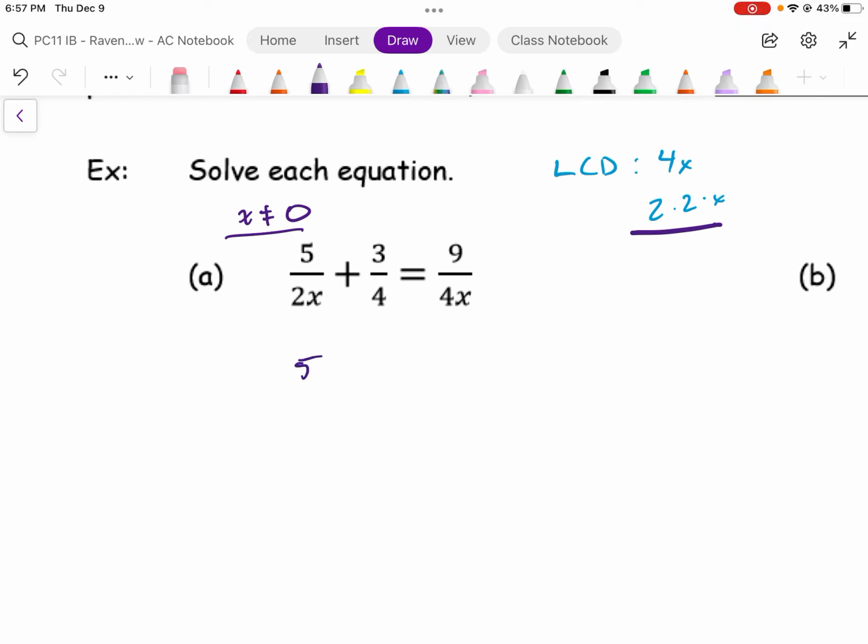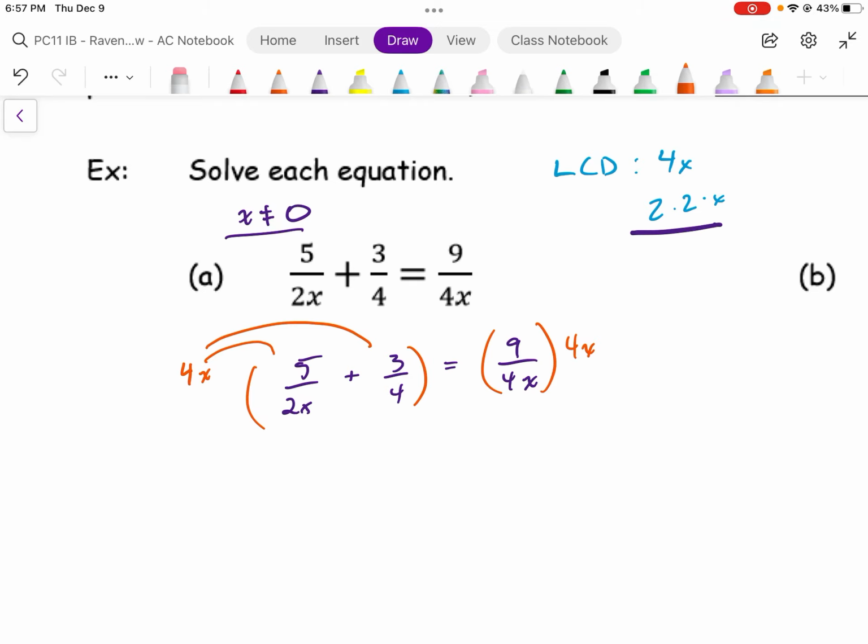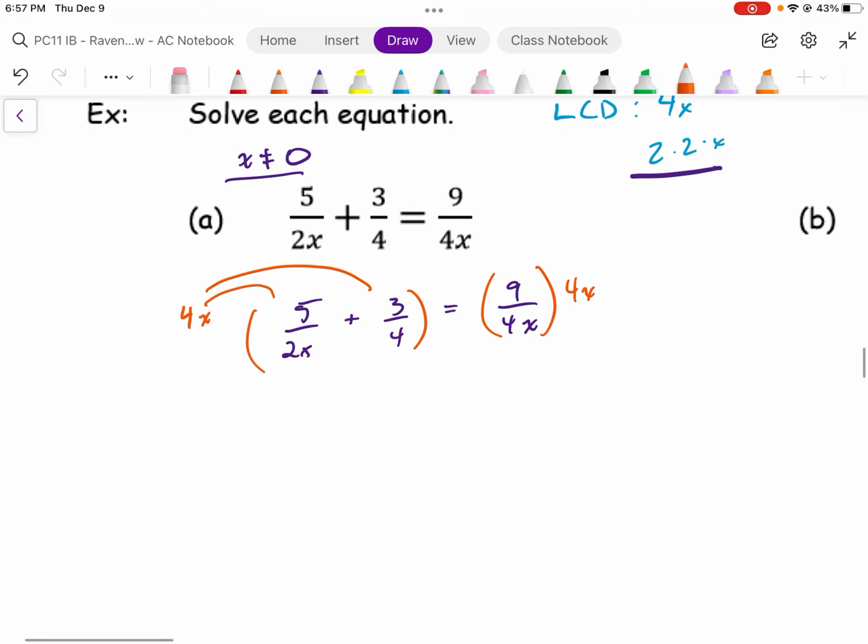So I have 5 over 2x plus 3 over 4 is equal to 9 over 4x. I'm going to multiply both sides of this equation by, now this gets kind of tricky for some, 4x. Both sides of the equation by 4x. Now remember, on the left-hand side, you're going to distribute that multiplication.